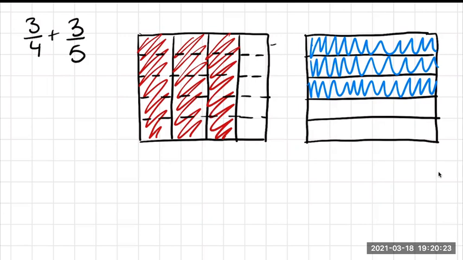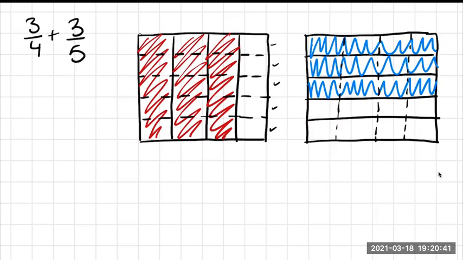Okay, so I have 1, 2, 3, 4, 5. And for my fifths, I'm going to break them in half first and then do half of a half to get fourths. So 1, 2, 3, 4.